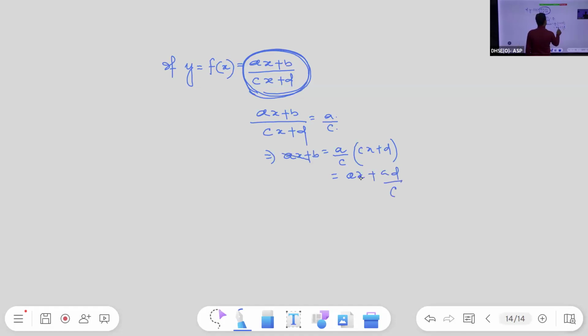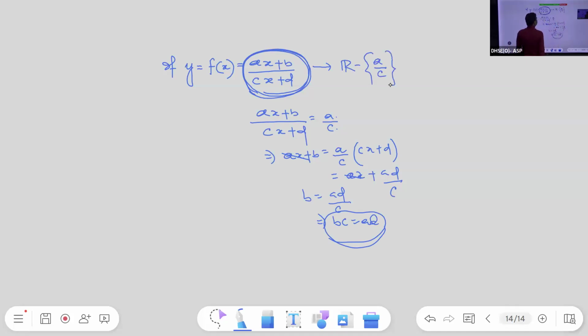So ax and ax cancel, b is equal to ad upon c. This implies bc is equal to ad. This may not be true. That's why we can say the range of the function is R minus a upon c. It is capable of giving you any real value except a upon c. So directly you can write the range of the function is R minus a upon c.